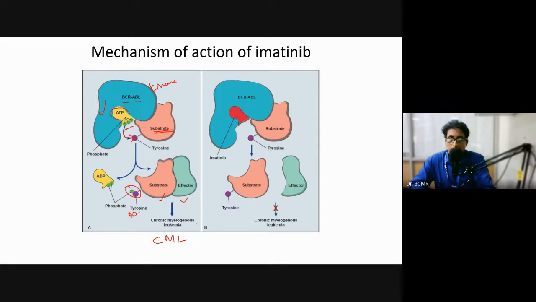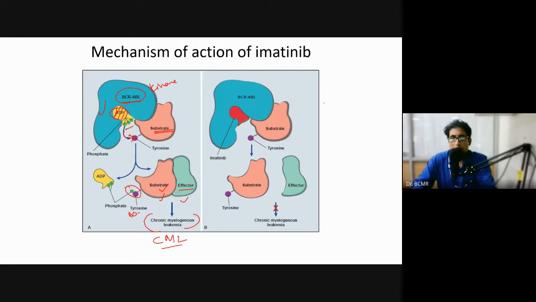On that, phosphorylation would have occurred. And now the substrate is active, and therefore the effector gets active, and then that results in chronic myelogenous leukemia. So unless we block the activity of BCR-ABL, we will not be able to control or regulate this CML.